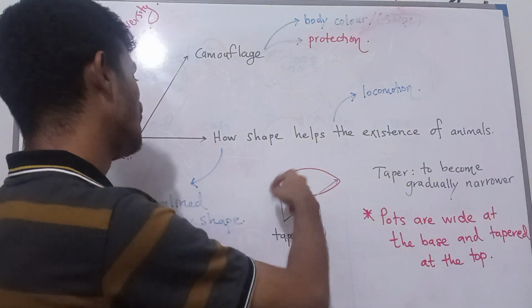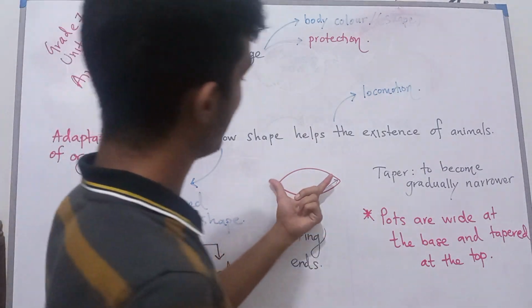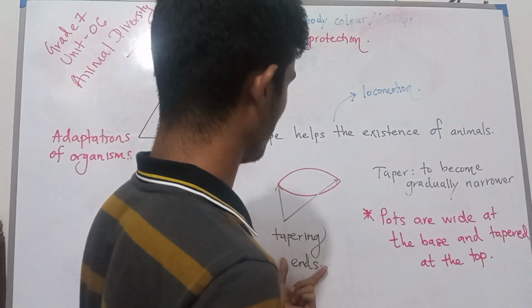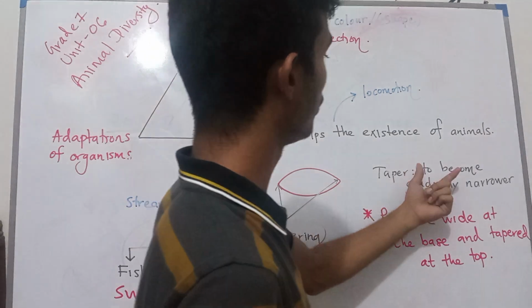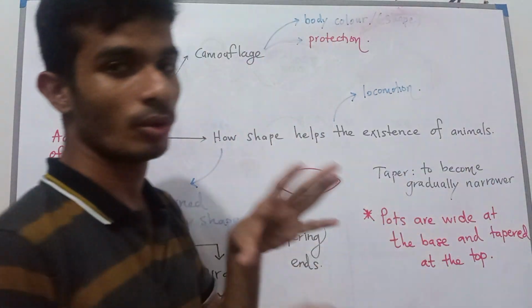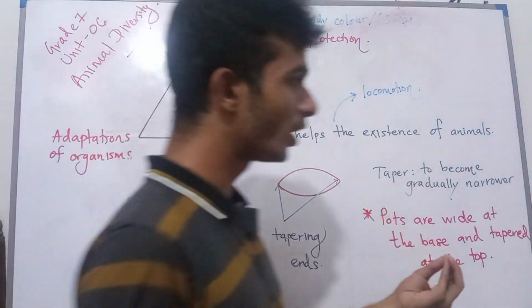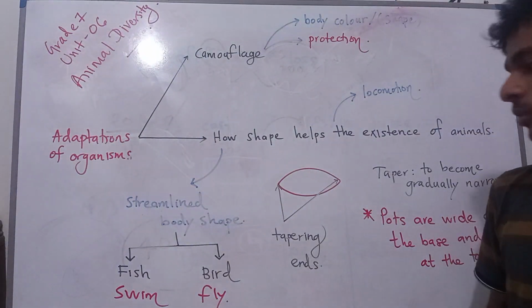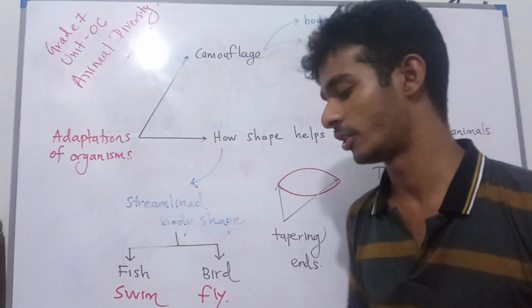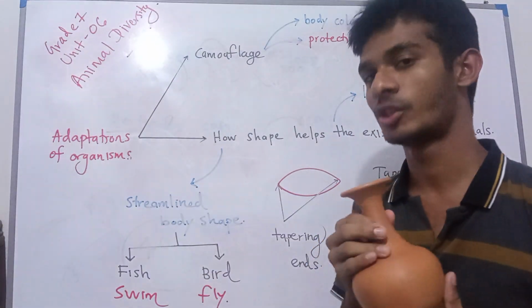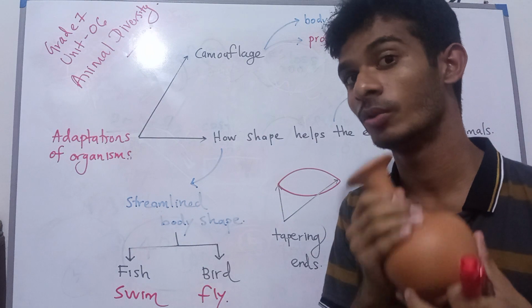The streamlined body shape has two tapering ends. Taper means to become gradually narrower. The objective of making this video is to show this pot. Actually, from their home I stole this pot for making you the video.